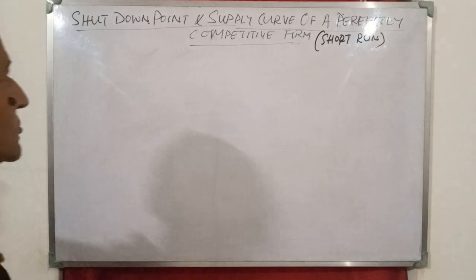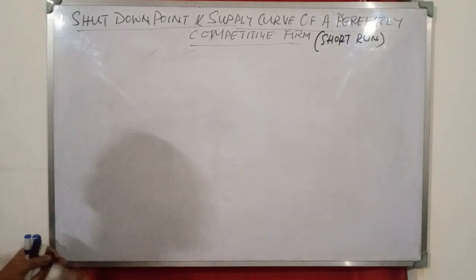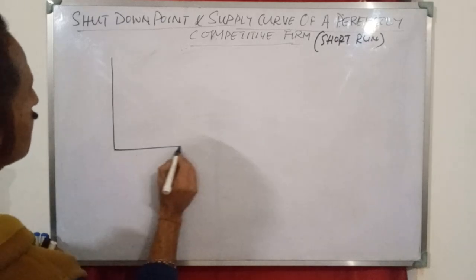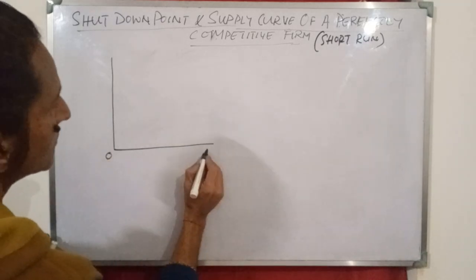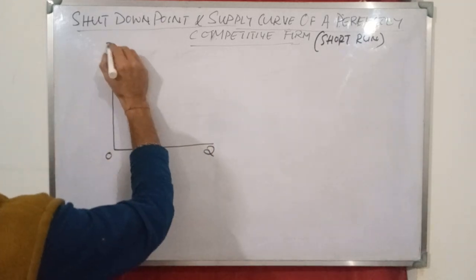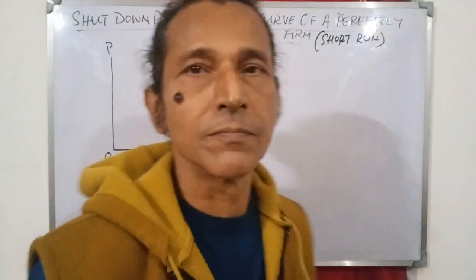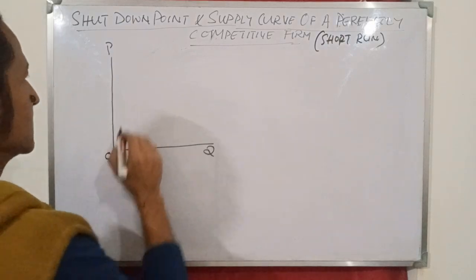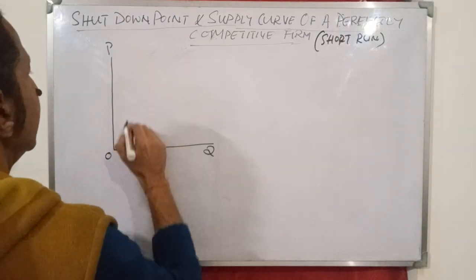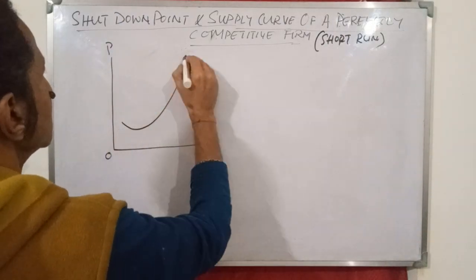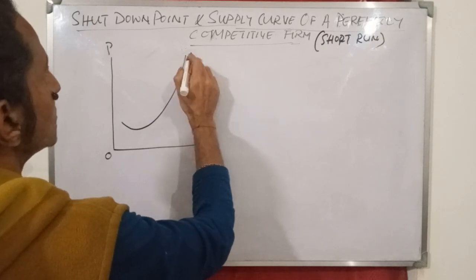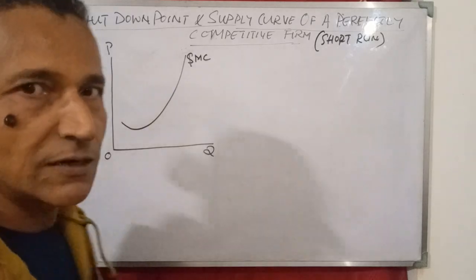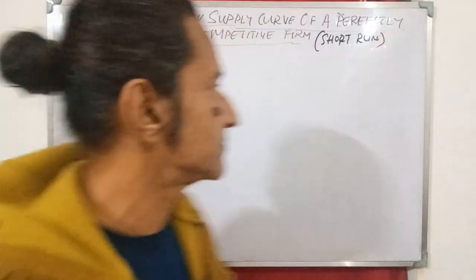So for that, we have to draw a diagram depicting price, average revenue, marginal revenue, average cost and marginal cost. Let this be the short run marginal cost curve of the firm. SMC is the short run marginal cost curve of the firm.